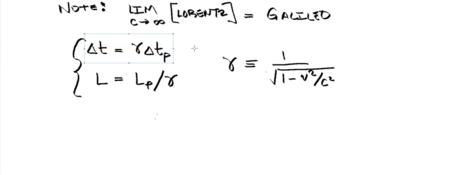This is a little unnerving to me. I don't really like to call it proper time interval. But let me describe what I mean by proper time interval. Proper time interval is the time interval measured between two events that occur at the same location.